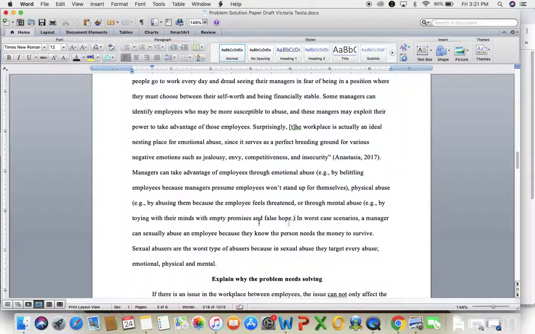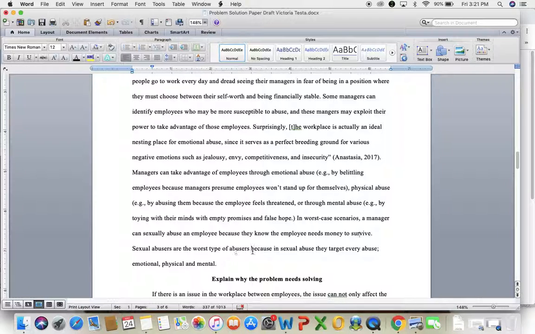Okay. And then you say, "In worst case scenarios, a manager can sexually abuse an employee because they know the employee needs money to survive."